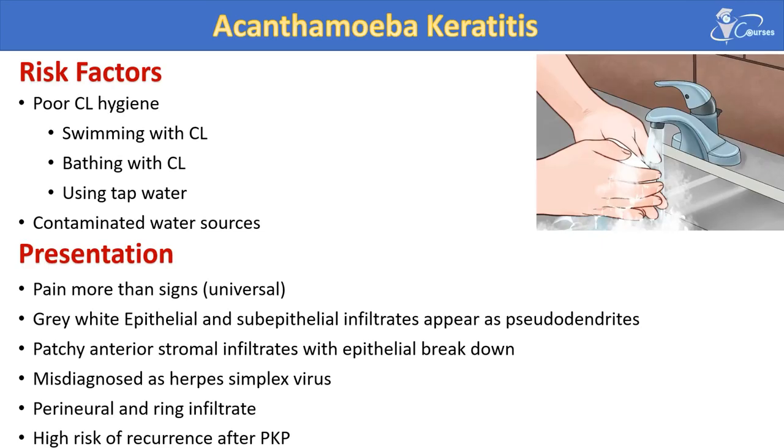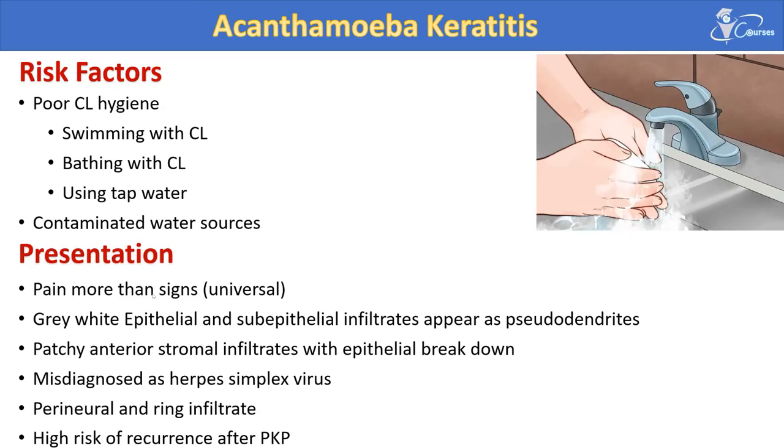The clinical presentation of acanthamoeba keratitis depends on what stage you catch the patient at. Usually those patients are misdiagnosed and usually they present late. First of all, those patients present with severe pain.